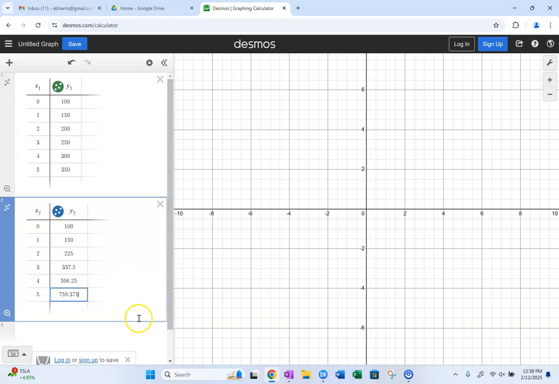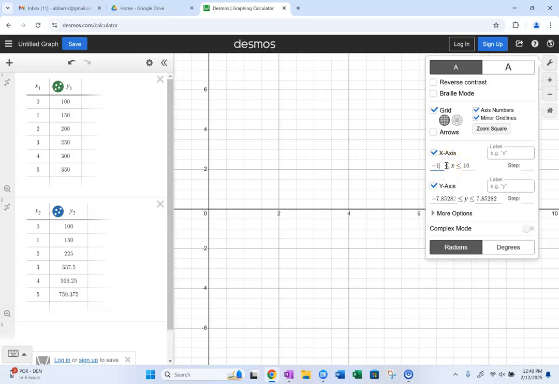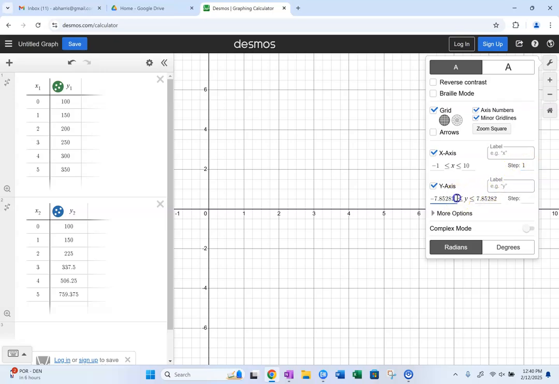Now, I know you can't see these points because our window is bad. So if you go up here to your wrench in the upper right, see the little wrench right there, graph settings. I'm going to click on that. And I'm going to put this, let's go from like -1 to, I don't know, let's go up to 10 there. Label it by 1. But I got to change my x-axis here.